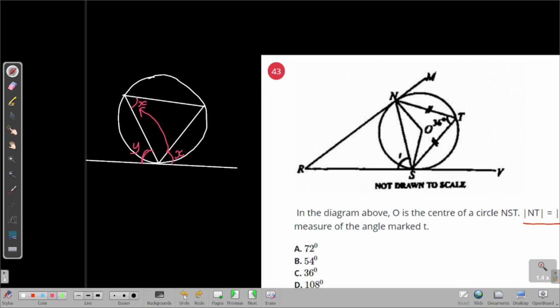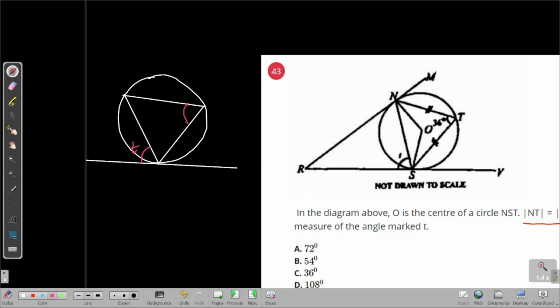So in our own example here, you can see that this is t, right? It's touching the tangent and it's touching this side of the triangle. It is this bigger triangle that is touching the circle at 3 points. So t is touching this line of the triangle. If you go opposite, what's the angle that is opposite that line? It is 36. So it means that t is equal to 36. This is t here.